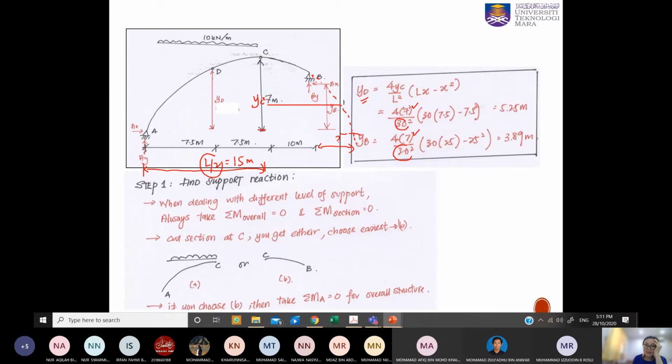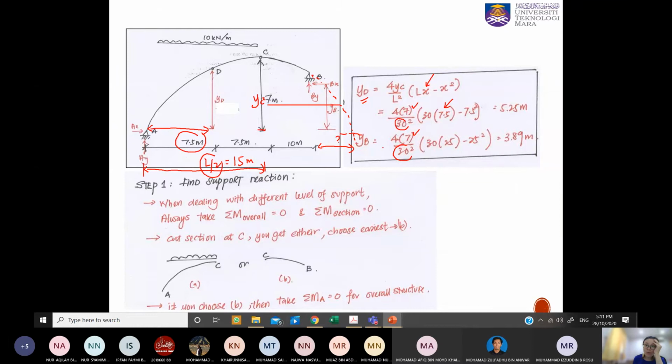Next, we need to put in the x value. The x value will be measured from A. For example, for D, you need to measure horizontally to A, so we are going to use 7.5 for x if you want to determine YD.